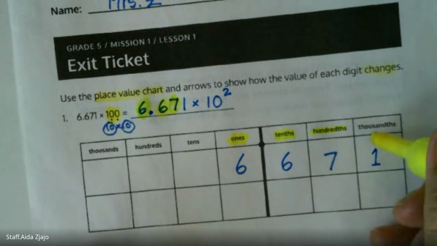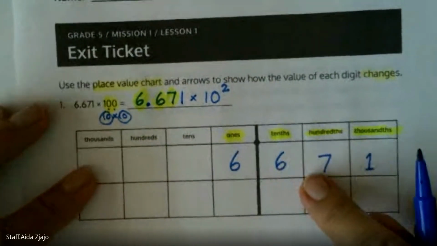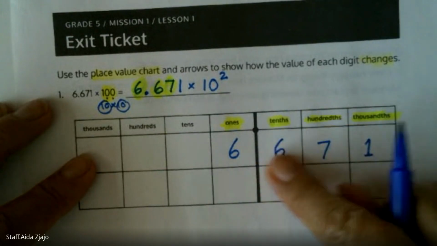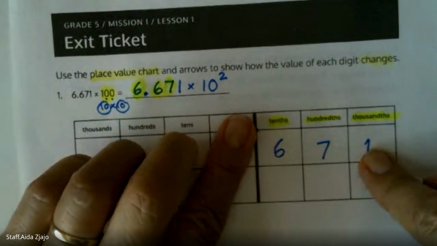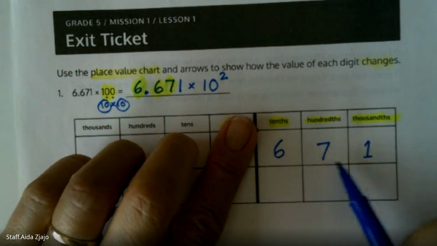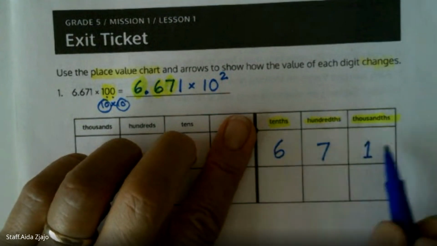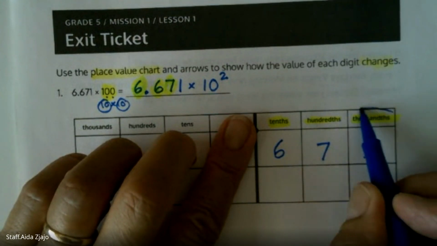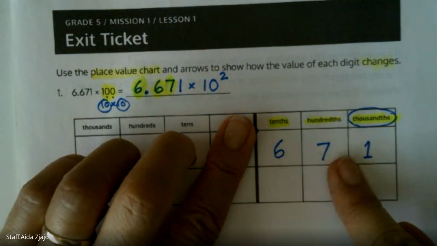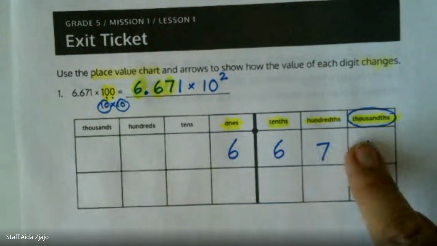Separately that is 6 tenths, 700, and 1000, but together this is part out of the 1000 pieces. So together there is 671 thousandths. We always read the whole number and then the last name of that. So it's 671 out of 1000 pieces.